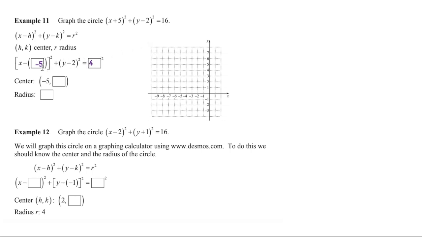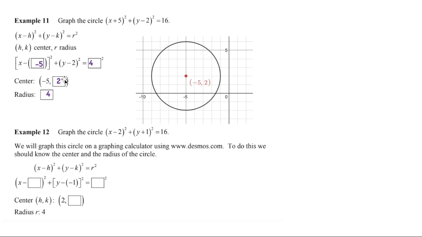Now I know that negative 5 is my h value, 2 is my k value, and 4 is my radius. Using Desmos then, I was easily able to graph this by starting by plotting my center at negative 5, 2, and counting 4 units in each direction and connecting the dots. And this time I used Desmos, and I encourage you to do the same.